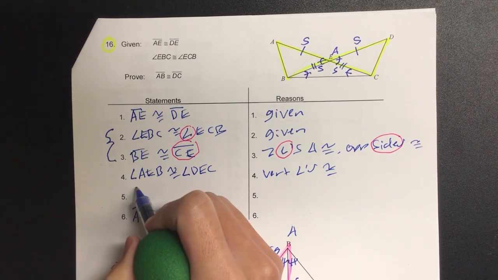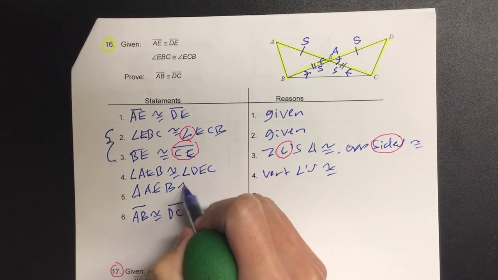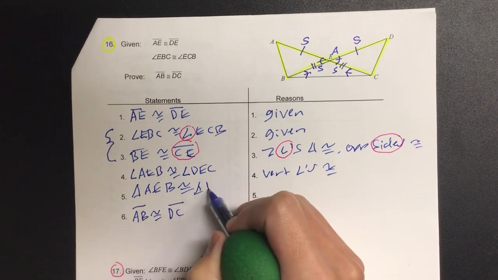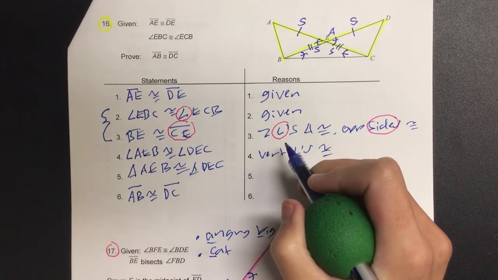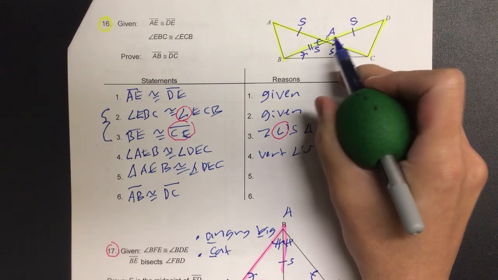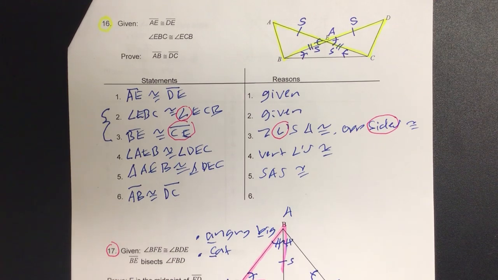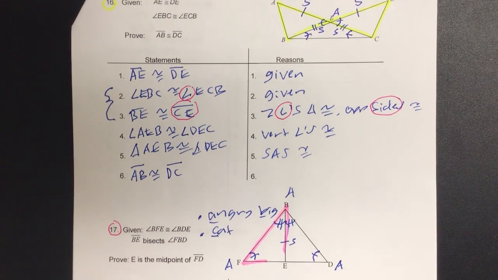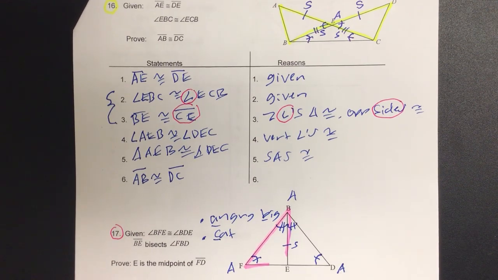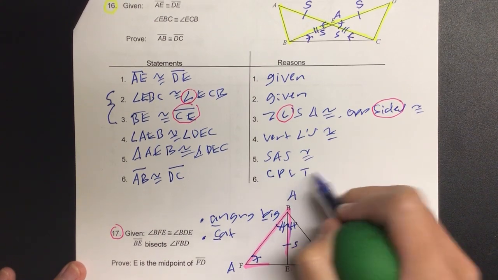So now I know the two triangles are congruent. Triangle AEB is congruent to triangle DEC. By what? Side, angle, side. And then from 4.6 on your notes, we can use CPCTC after two triangles are what to each other? Congruent. So corresponding parts of congruent triangles are congruent.